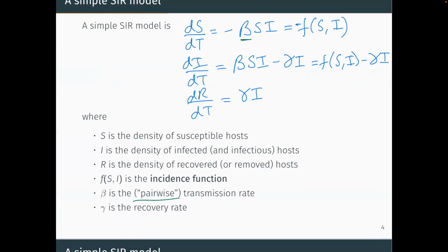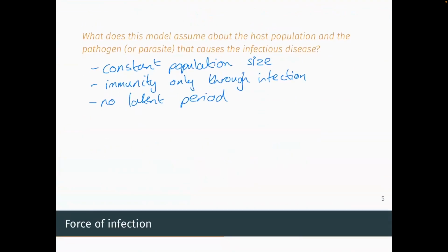Here, we don't have any variation in our hosts. So all hosts are treated identically. There's also no spatial structure here because of that as well. There's no distinction between hosts. They're essentially just all moving around like gas particles in a glass vessel. Okay, so no host variation.